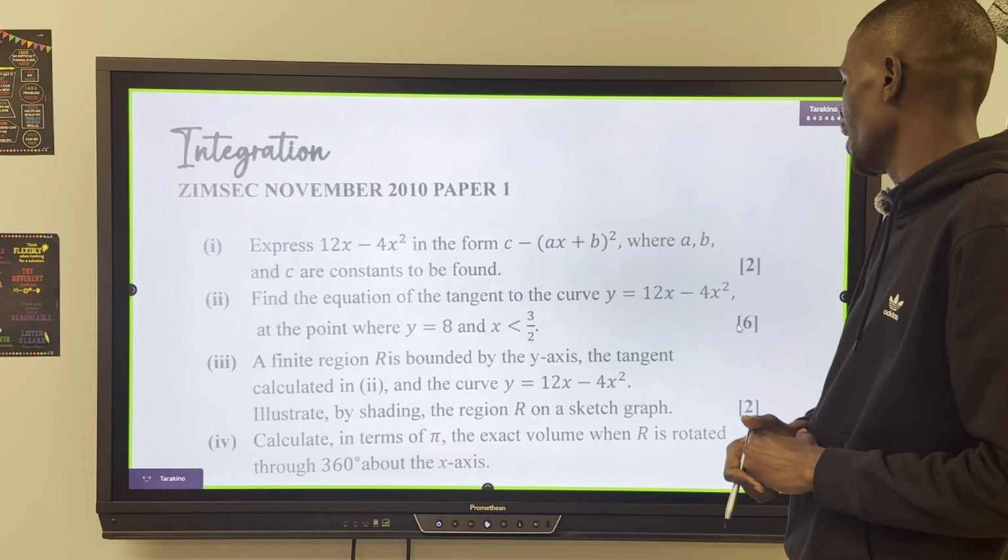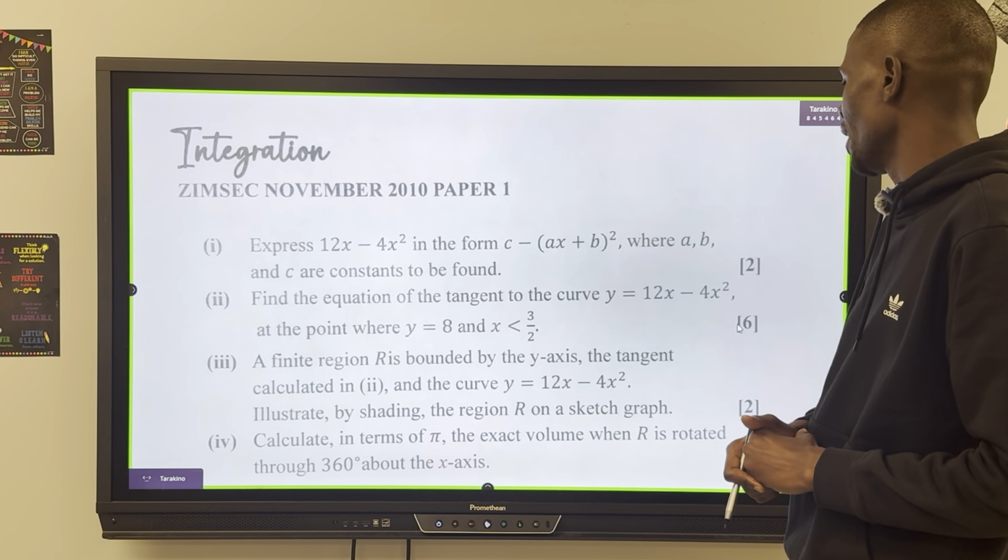Now, let's move on to the second part. We want to find the equation of the tangent to the curve y equals 12x minus 4x squared at the point where y is equal to 8 and x is less than 3 over 2. When y is 8, we need to find the value of x, remembering the condition that x should be less than 3 over 2.